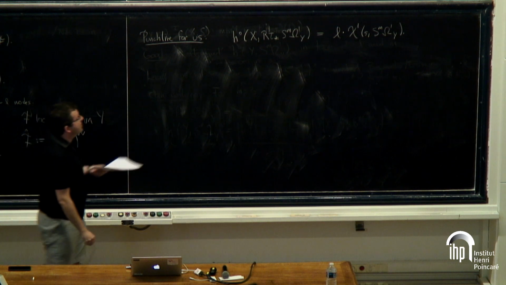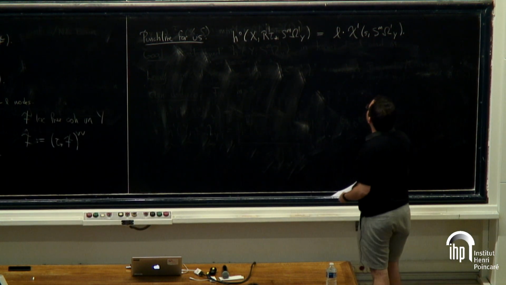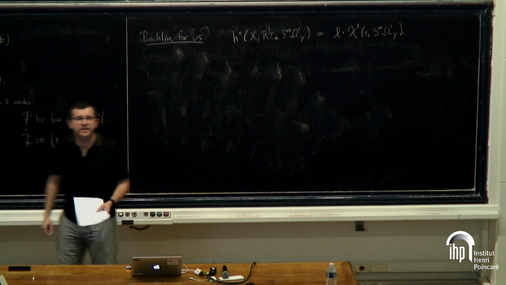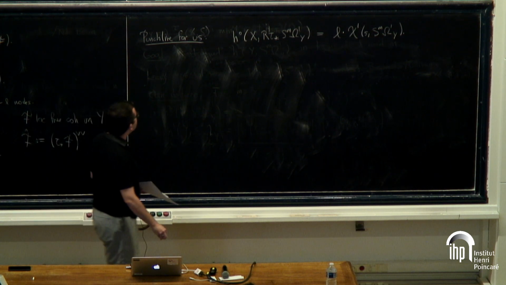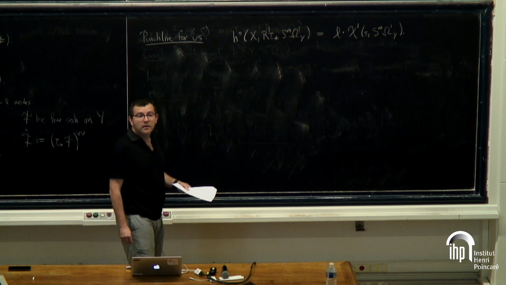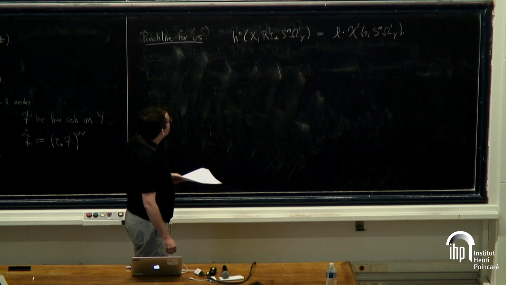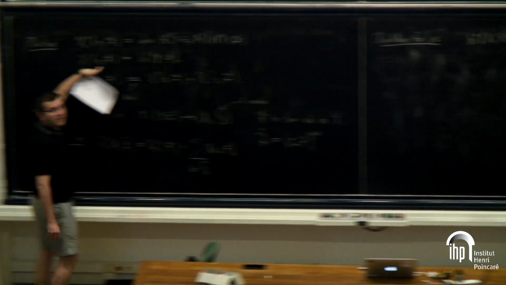And this requires an argument to show that this is true. But the point is that we can boil down this computation of the H0 to one of these local Euler characteristics. This is this local Euler characteristic of a node.